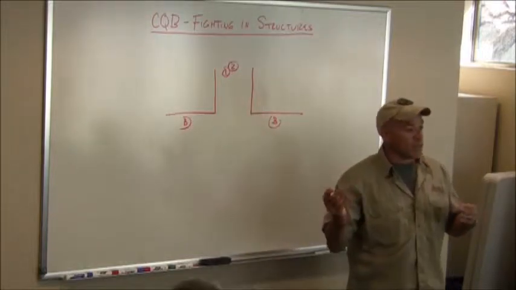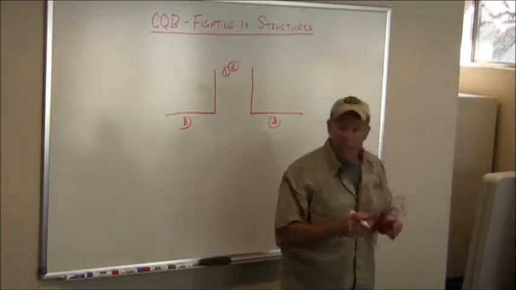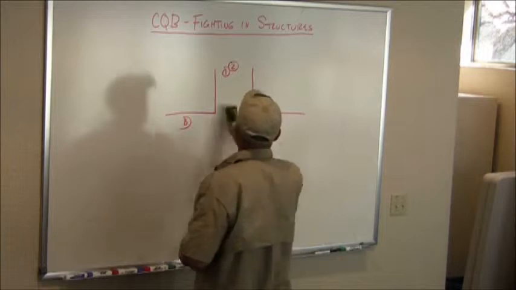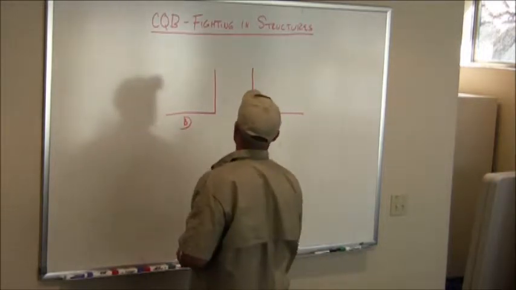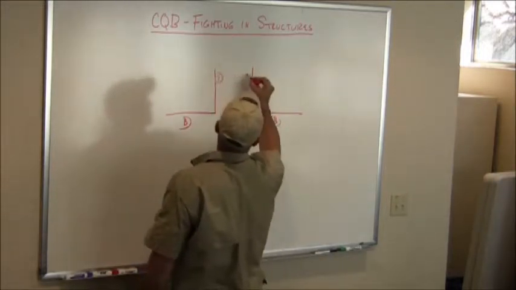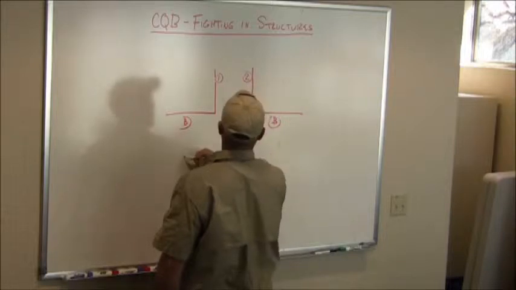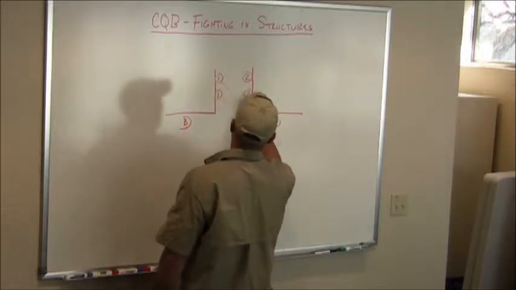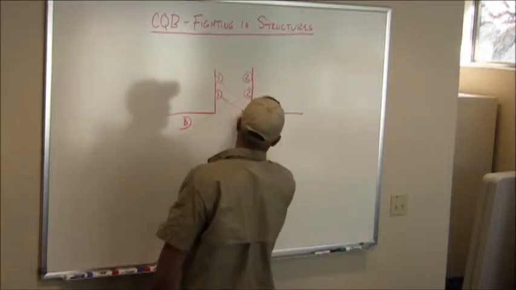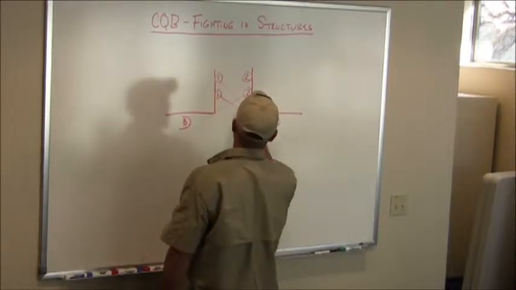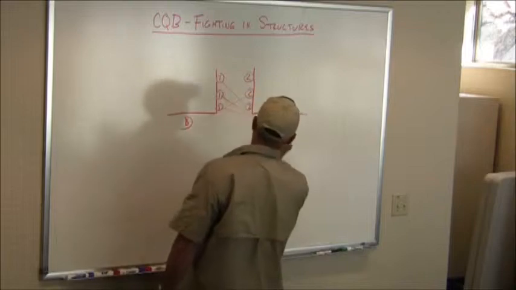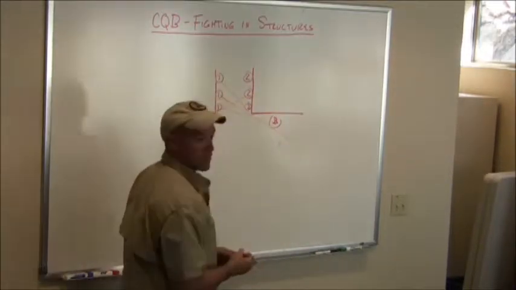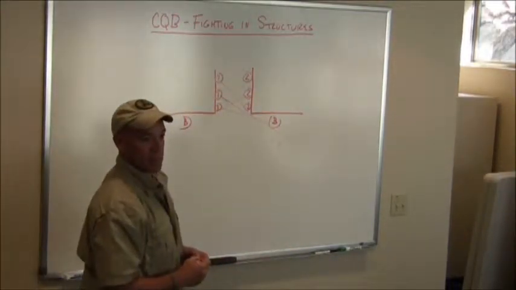Now, when they do this, they can separate, okay? Looking here, looking there, and again, moving in unison, looking here, looking there, looking here, looking there. They can do that, right?